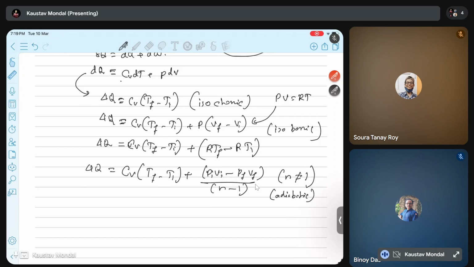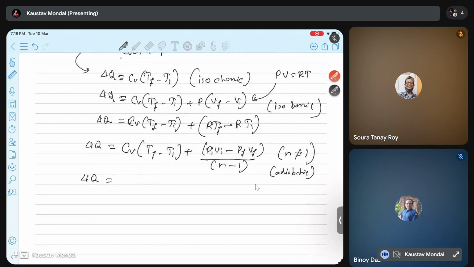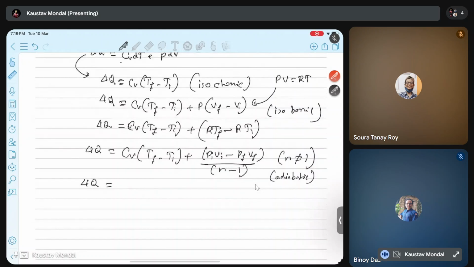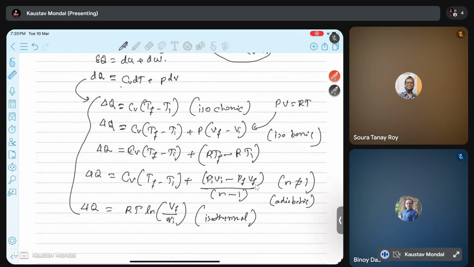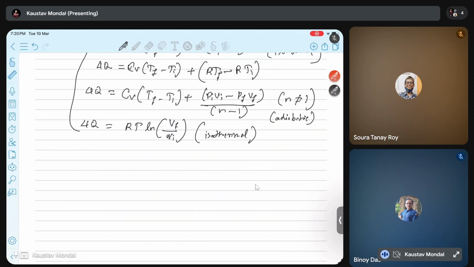For the isothermal case, since the temperature final and initial are the same, the dU part becomes zero, so the only contribution comes from the dW part, which we calculated as RT ln Vf by Vi. These are some expressions for the change in heat, dQ.